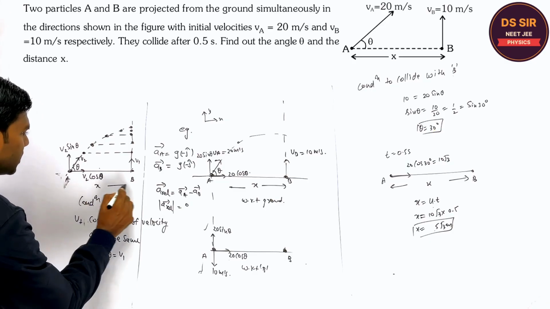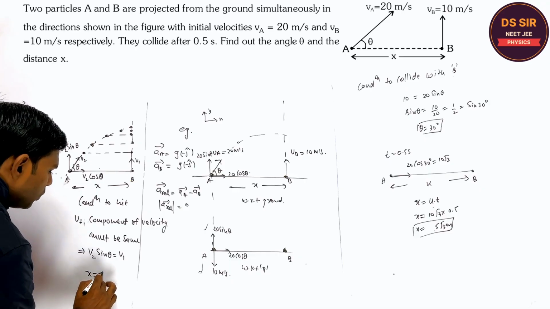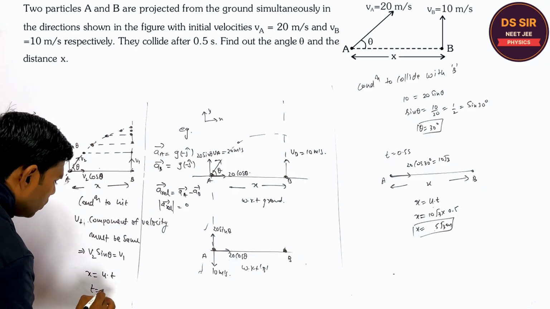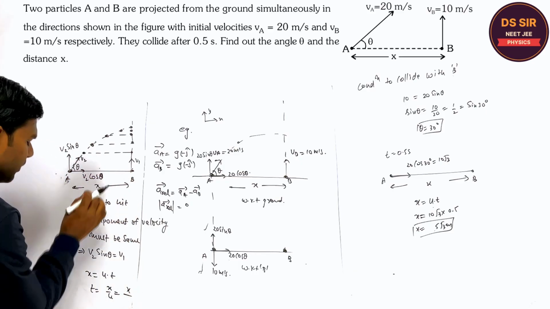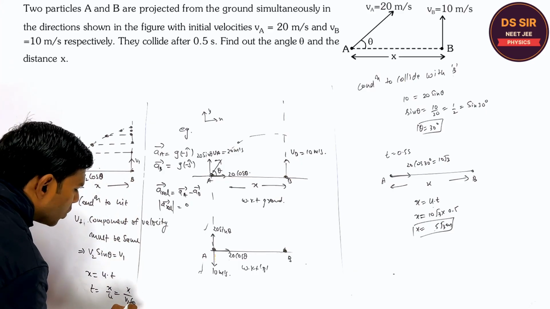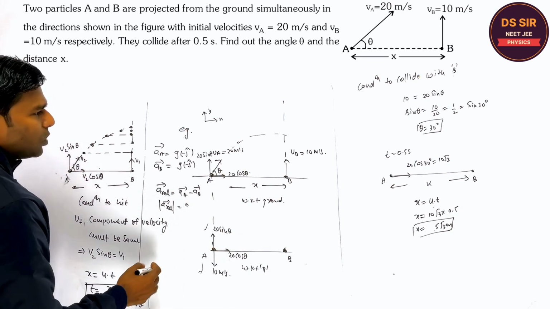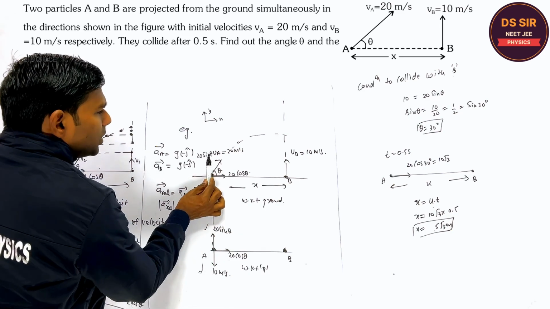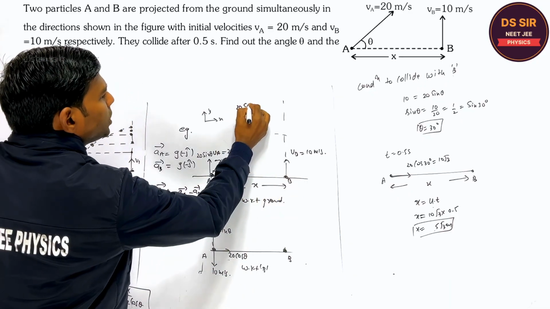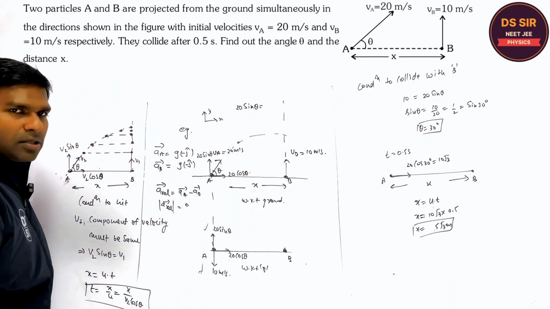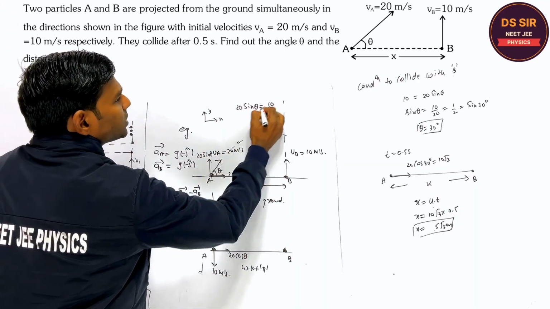If this is the distance x, after what time will they hit? x is equal to ut, so time is equal to distance upon u. The separation is x, and the relative velocity is V2 cos theta. Is it clear or not? So if this is 20 sin theta and this is 10, the condition to hit for the collision is that the vertical component must be the same.